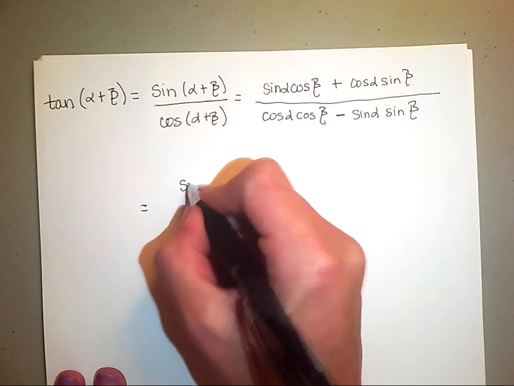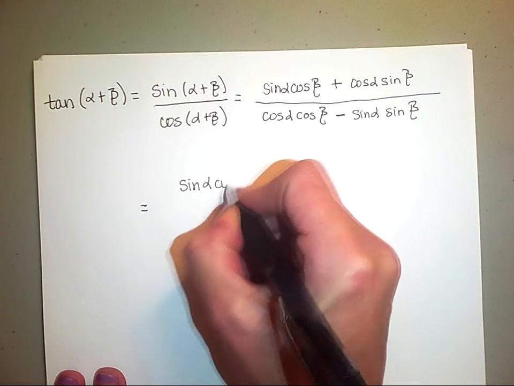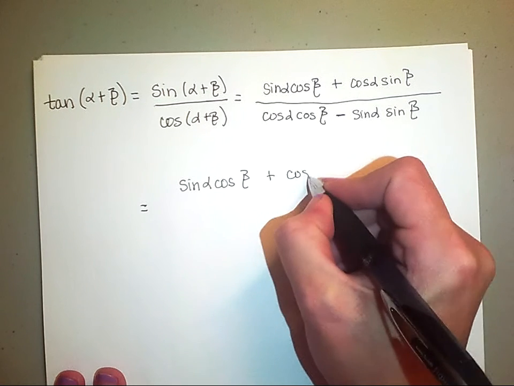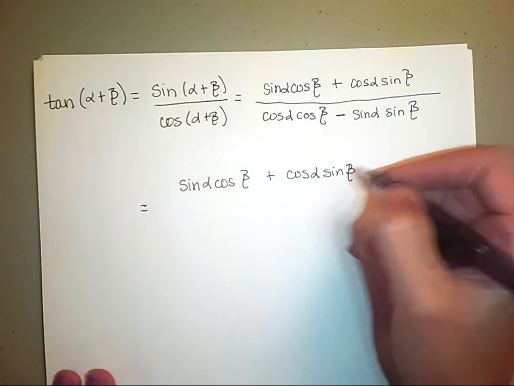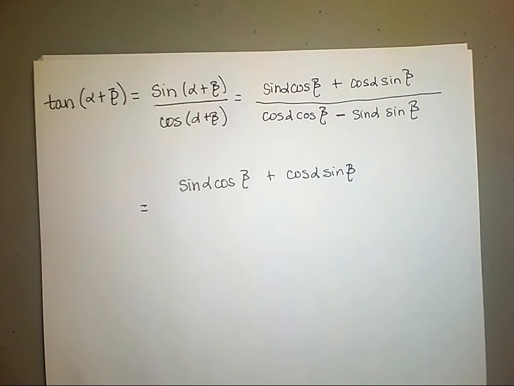So let's try this. I'm going to rewrite this. The sine of alpha, cosine of beta, plus the cosine of alpha over the sine of beta. So what if I divided these now?